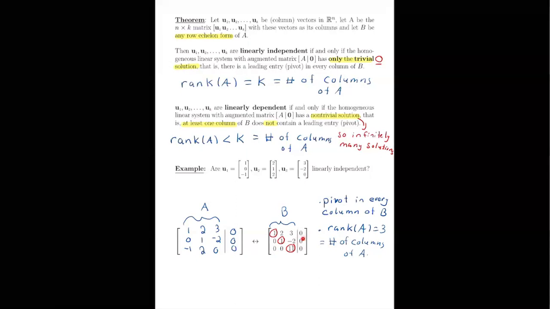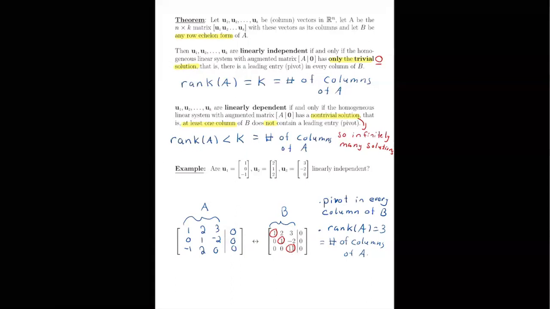Homogeneous systems are always consistent, so we don't need to worry about consistency here. It's enough for us just to check leading entries. Because there's a leading entry in every column of B, there are no free variables. This system has a unique solution, which is only the trivial solution, 0.